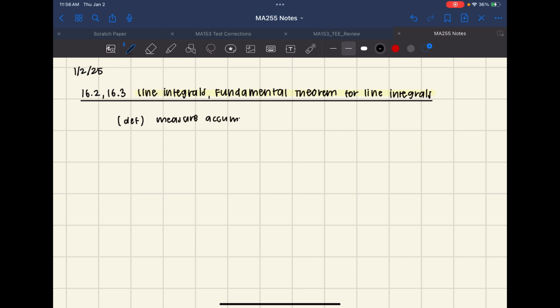Imagine you're walking along a path, and at every point there's a value that you want to measure, so a line integral adds up all those values along your path. A line integral comes in two forms, the first being a scalar line integral, and the second being a vector line integral.